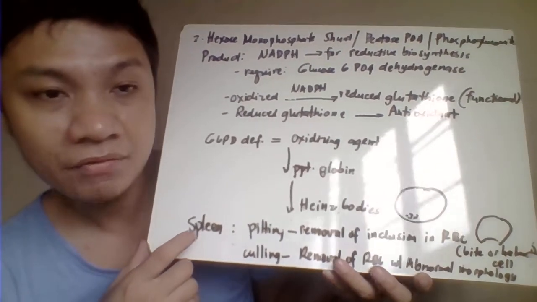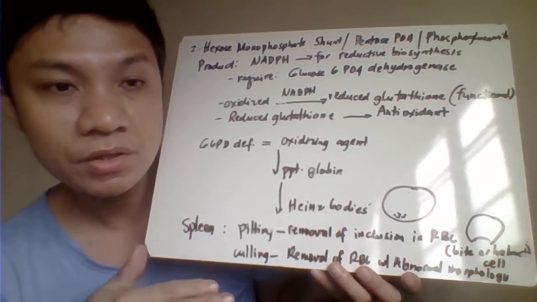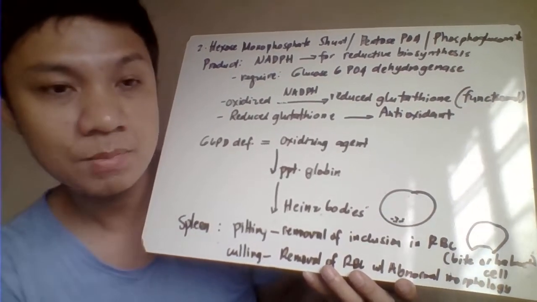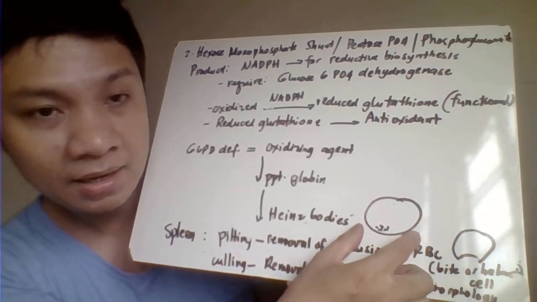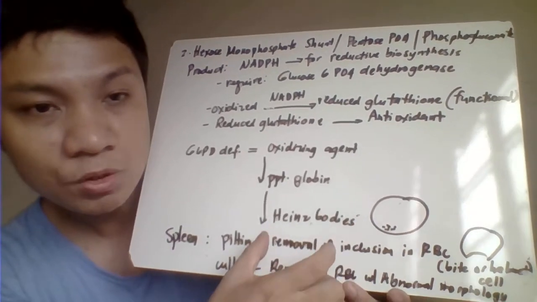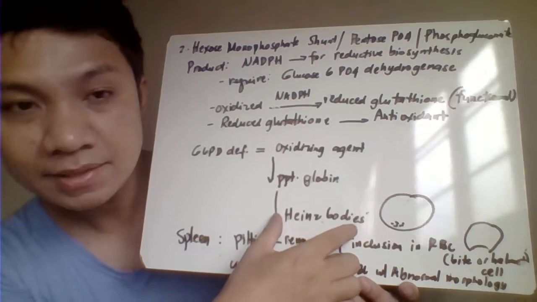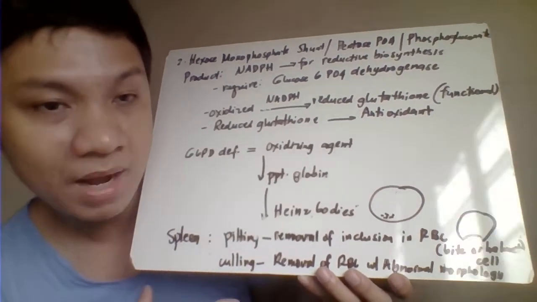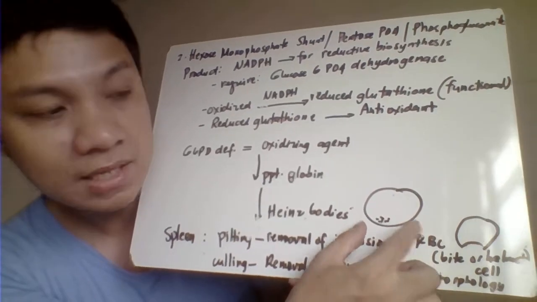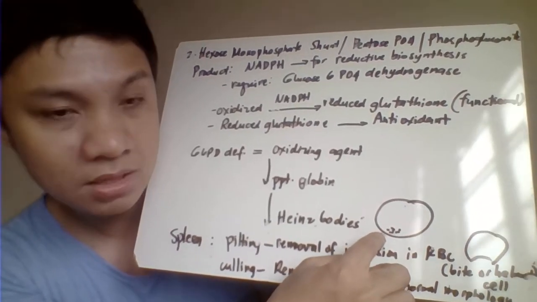Okay, once your blood, for example, is being delivered to your spleen, and your blood contains RBCs with Heinz bodies, which are inclusion bodies. We'll discuss later what other inclusion bodies there are, and Heinz bodies is one of the inclusion bodies. So this is the RBC with precipitated globin.